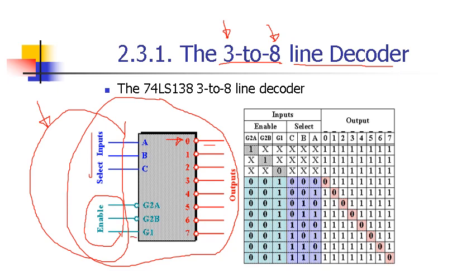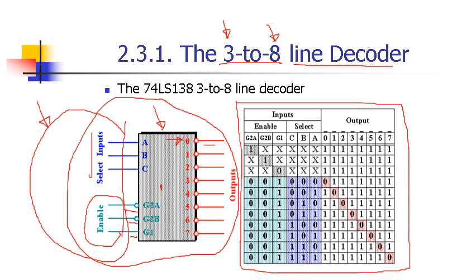Gate number 1 has to be high, gate 2B has to be low, gate 2A has to be low to activate this chip, which is the 3 to 8 line decoder. And this is a truth table to show you how this chip operates. Inputs, alright, and select lines. These are called input lines, and these are select lines. If your gate 2A is high, you provided a high here, so this is disabled now.